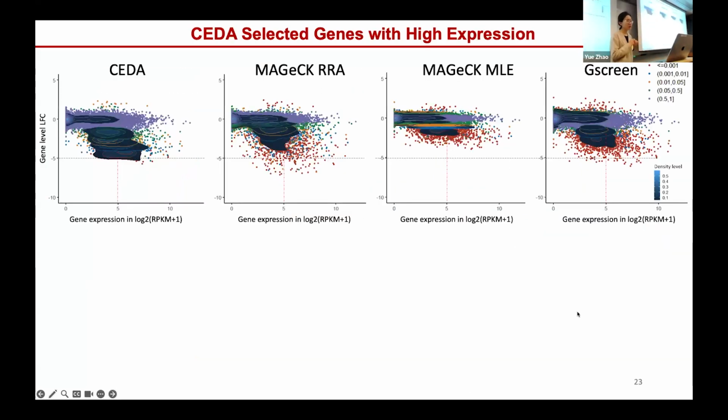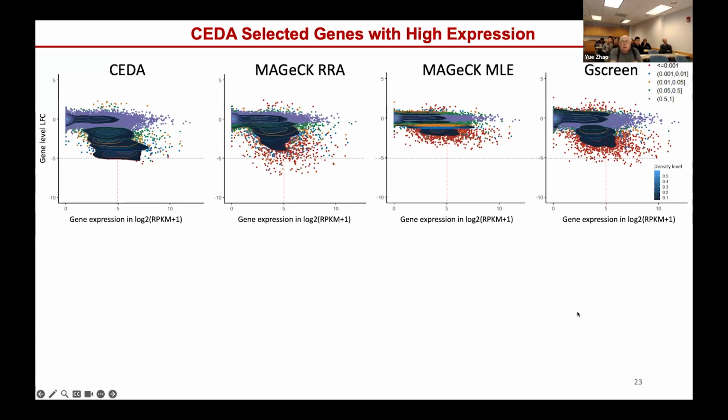We also look at the effect size, the gene level log fold change of these 4 different methods. You can see CEDA has the best separation between those genes with different FDR ranges.